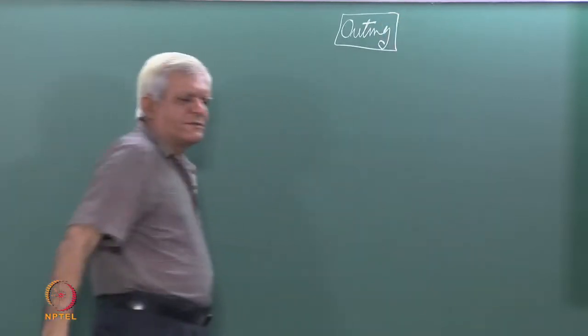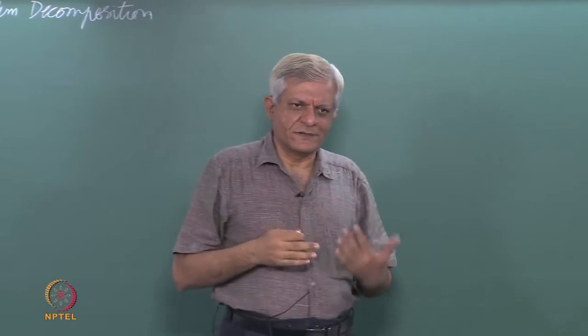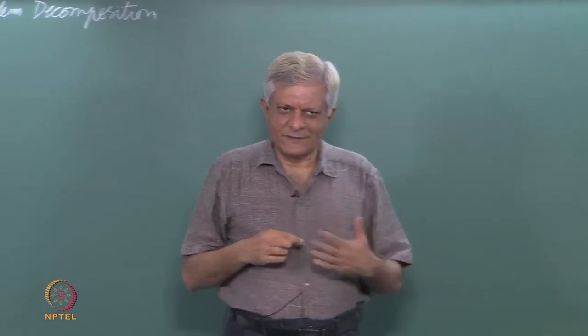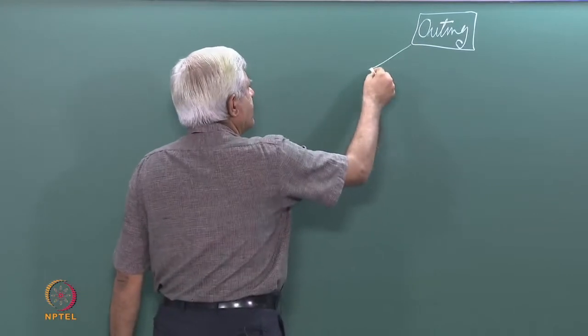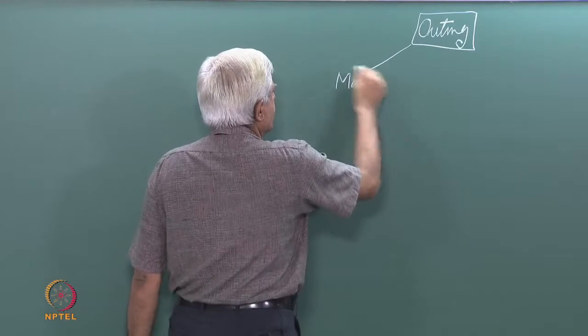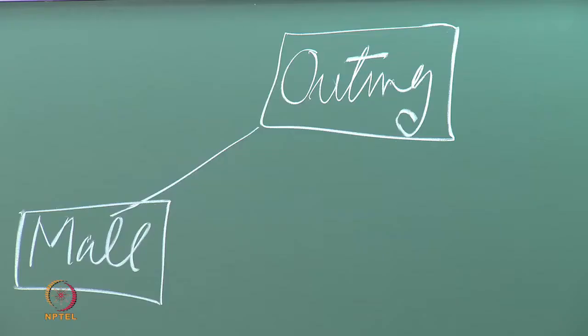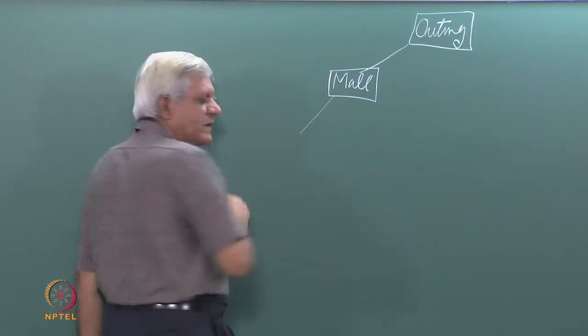And the goal state is when you have decided upon the three things that you will do. What will you do first, what will you do next, and what will you do after that. So, let us say that you start off by saying that you will go to a mall, very popular nowadays, and then maybe you will go and see a movie.